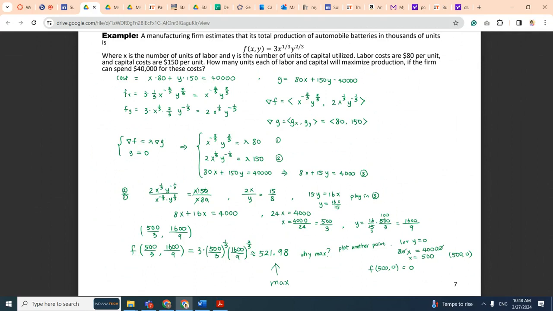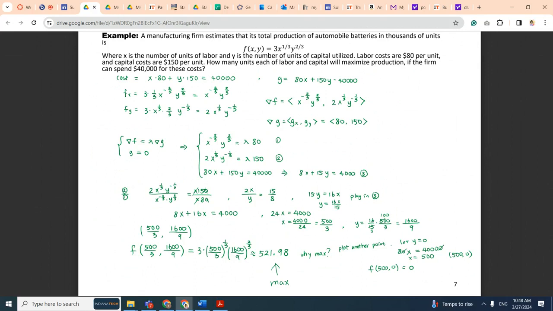This is y to the negative 1/3 minus 2/3, right? So it's y to the negative 1. It means the y is in the denominator. And then we cross multiply. We get 15y is 2 times 8, 16x. And you can solve for y in terms of x.